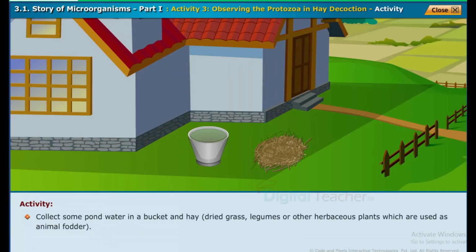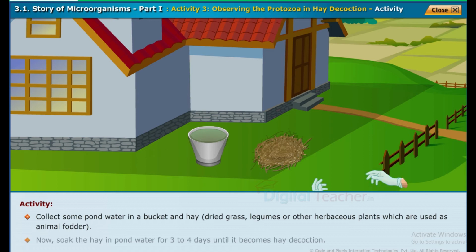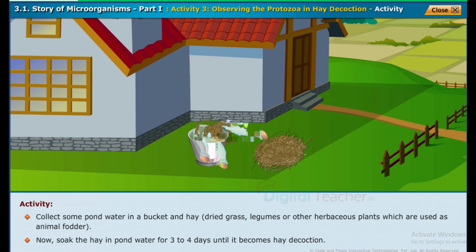Collect some pond water in a bucket and hay, dried grass, legumes or other herbaceous plants which are used as animal fodder. Now, soak the hay in pond water for 3 to 4 days until it becomes hay decoction.